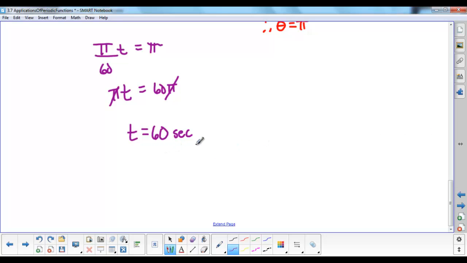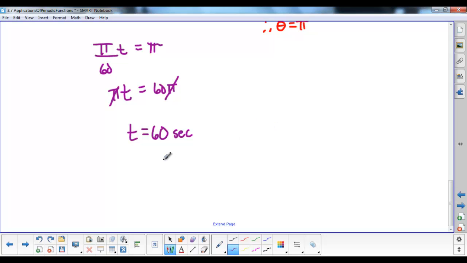So if it's at the maximum at 60 seconds, then if we add a complete revolution, kind of like finding coterminal angles, we'd find that other maximum point. So what we'll do is add 1 full rotation, and we know that 1 full rotation is 2 minutes.